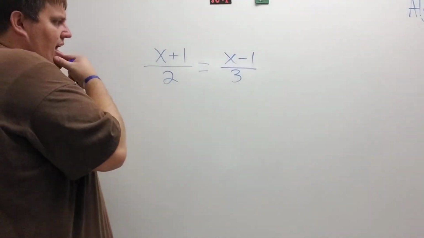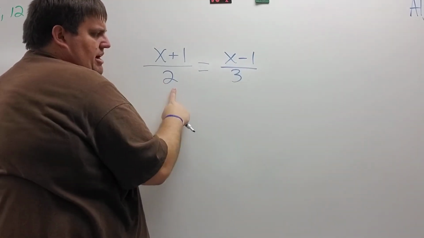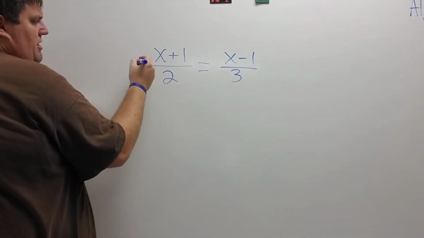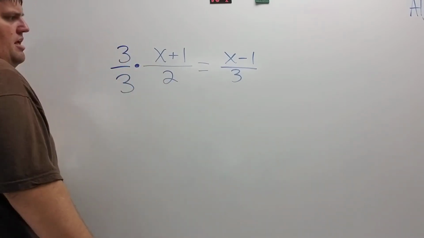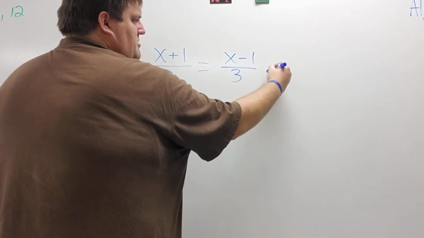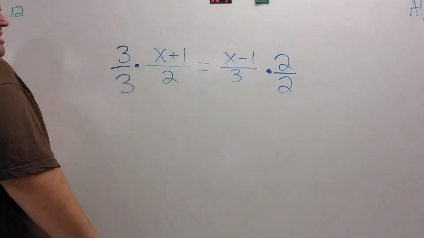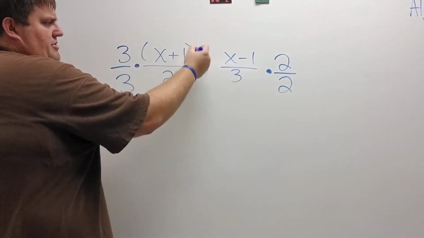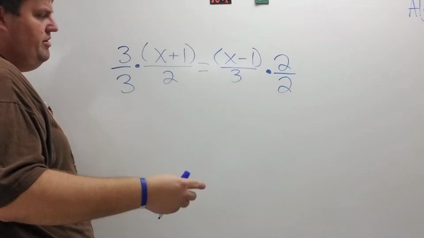So let's try that. It looks like our common denominator would be 6, correct? So over here, we're going to need to multiply by some 3's. And over here, we're going to need to multiply by some 2's. So when you multiply this through, remember there's technically parentheses going on here. That's going to be helpful for you.